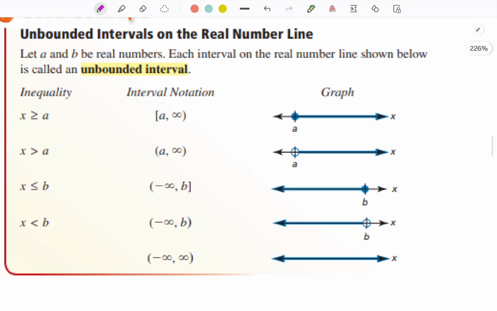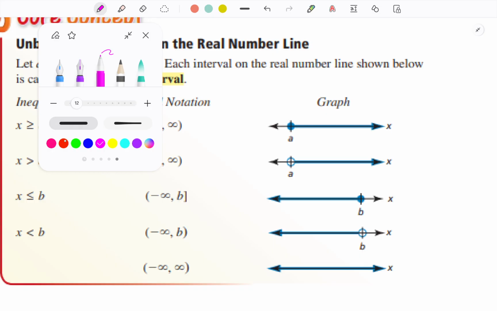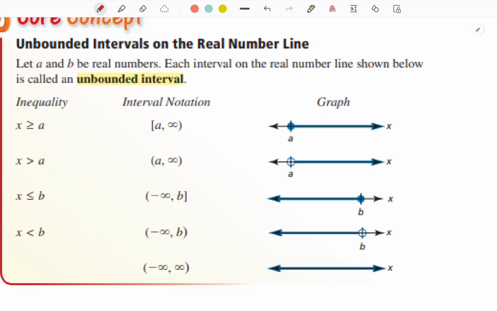And then your unbounded intervals, this is where you can continue without end in one direction or the other. To show which side goes on forever, you will use either infinity or negative infinity. If you can go to the right forever or up forever when dealing with range, then you are going to use a positive infinity with a parenthesis after it because you cannot touch infinity.